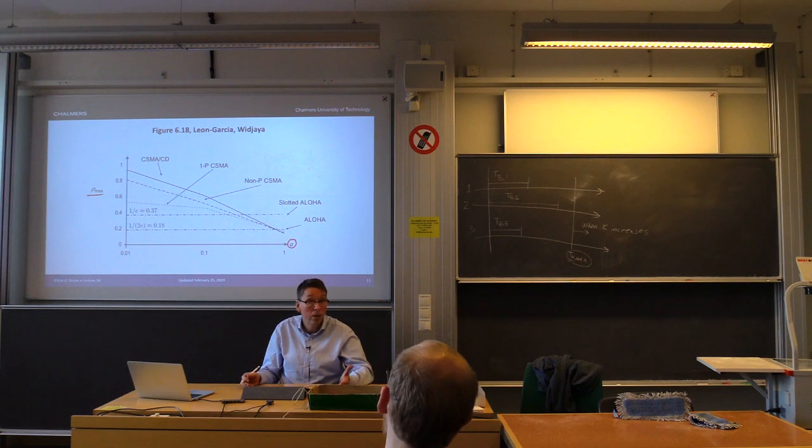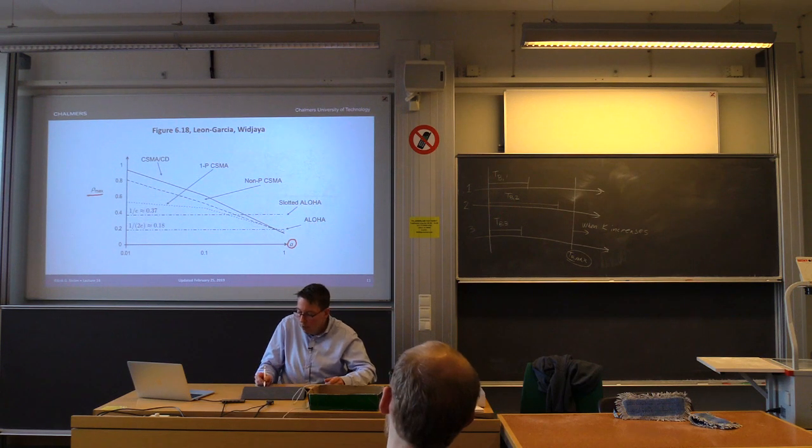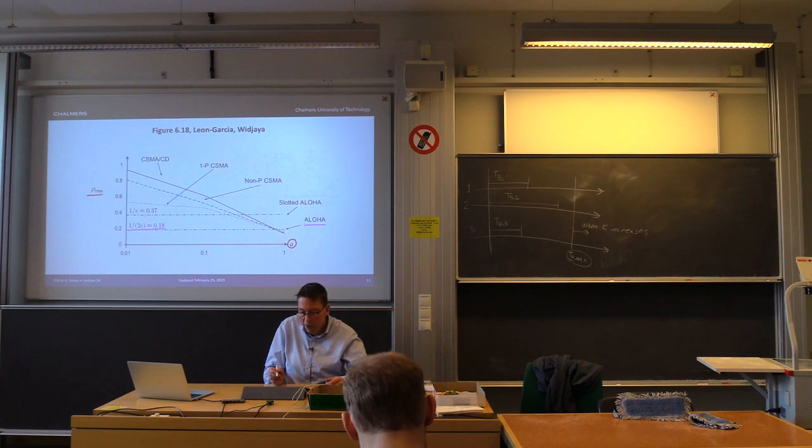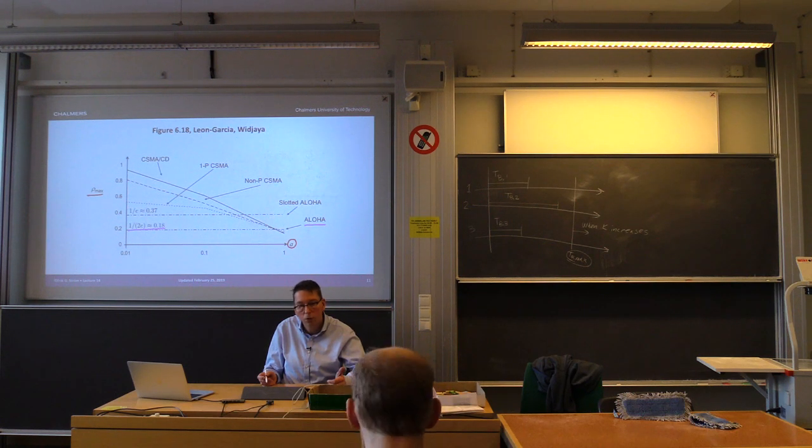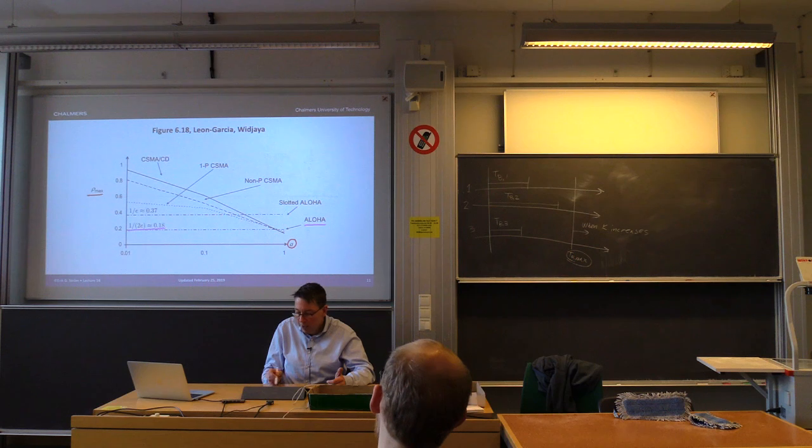If we take ALOHA, for instance, the basic pure ALOHA, we know that the maximum throughput we can have is about 18%, 0.2, right? And as a matter of fact, it doesn't matter what value of a is. It will be the same regardless. For slotted ALOHA, it's twice this, so it's like this.